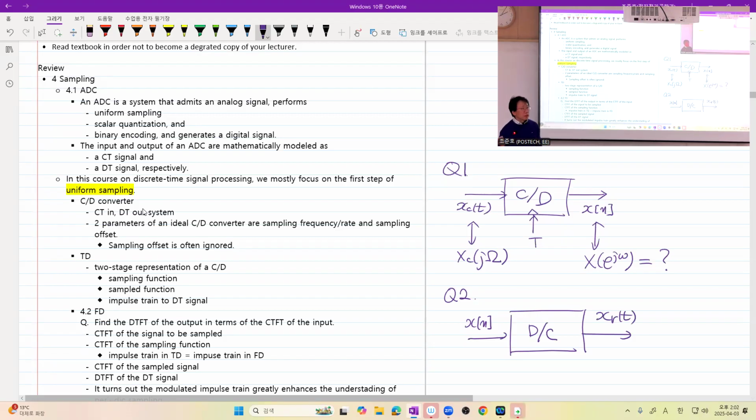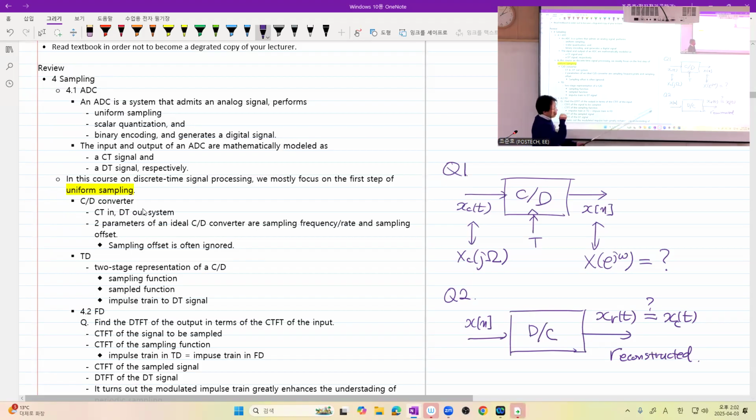Here r means reconstructed. And the question is, is it possible for us to have this original signal back by using some system? Got it?